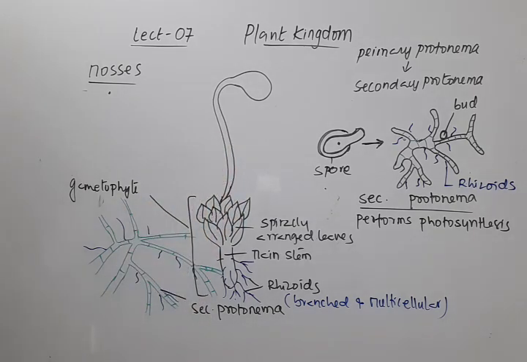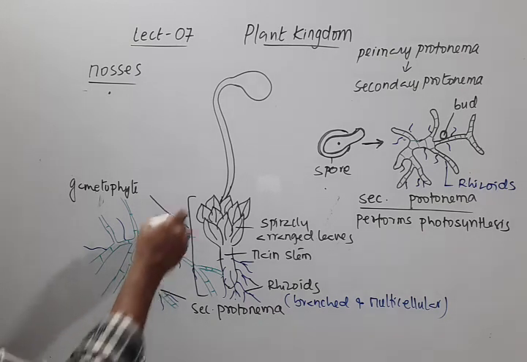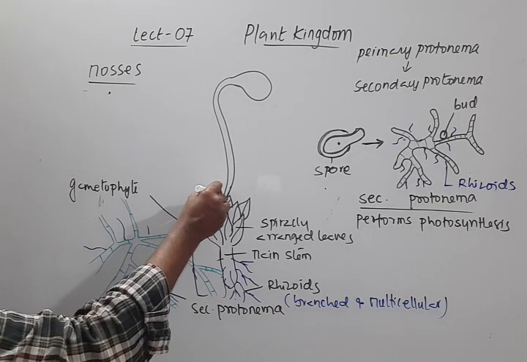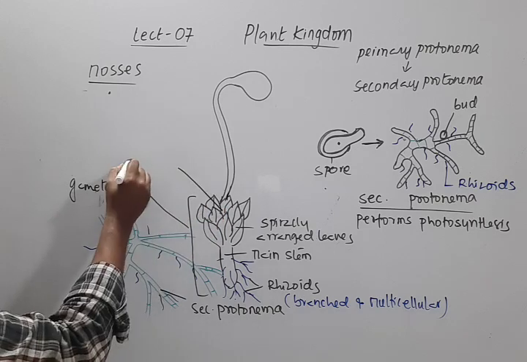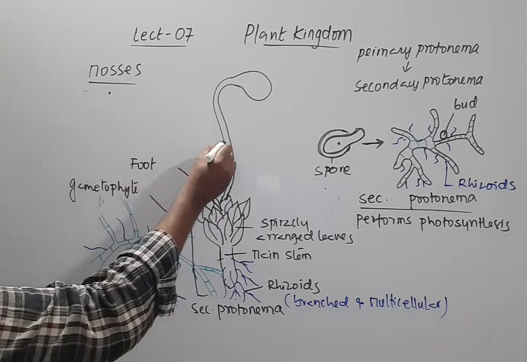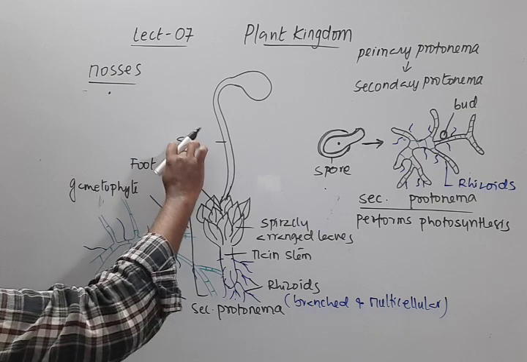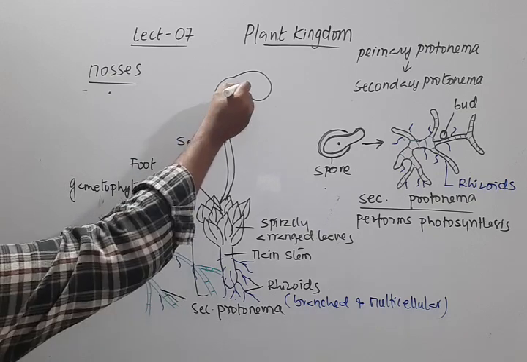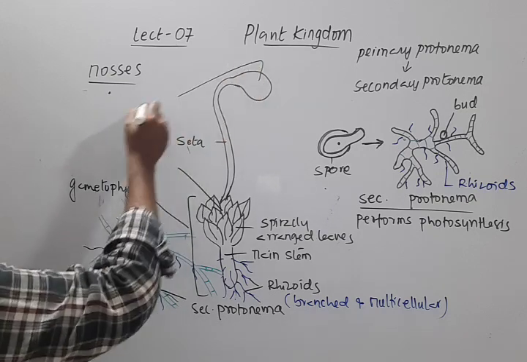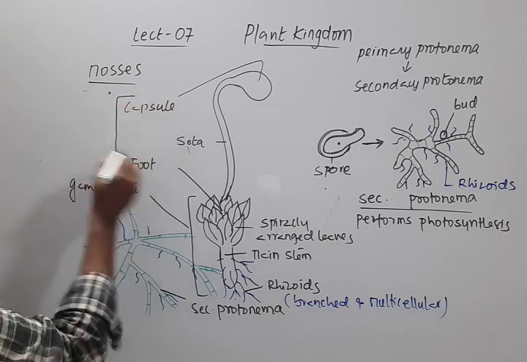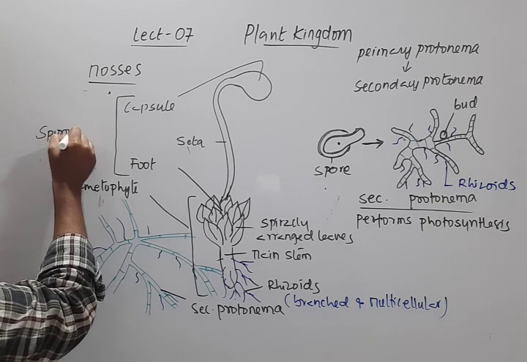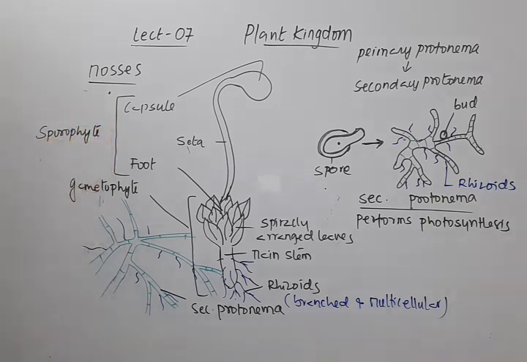We know the sporophyte will have three parts. So here somewhere inside is a foot. So there is a foot of this sporophyte, and this is the seta, and this portion is the capsule. So all these together form this sporophyte.